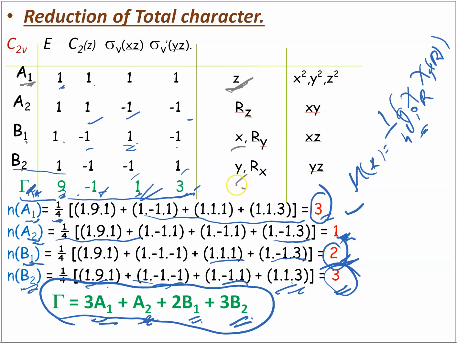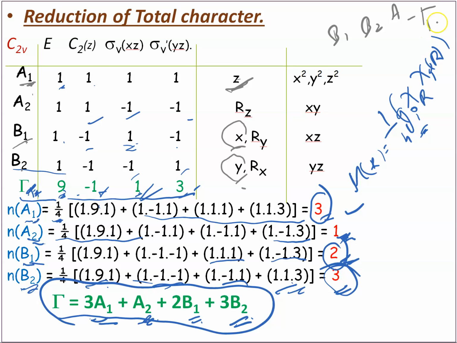That is, translational degrees of freedom in the X direction is B1, in the Y direction is B2, and in the Z direction is A1. So translational degrees of freedom are B1, B2 and A1.